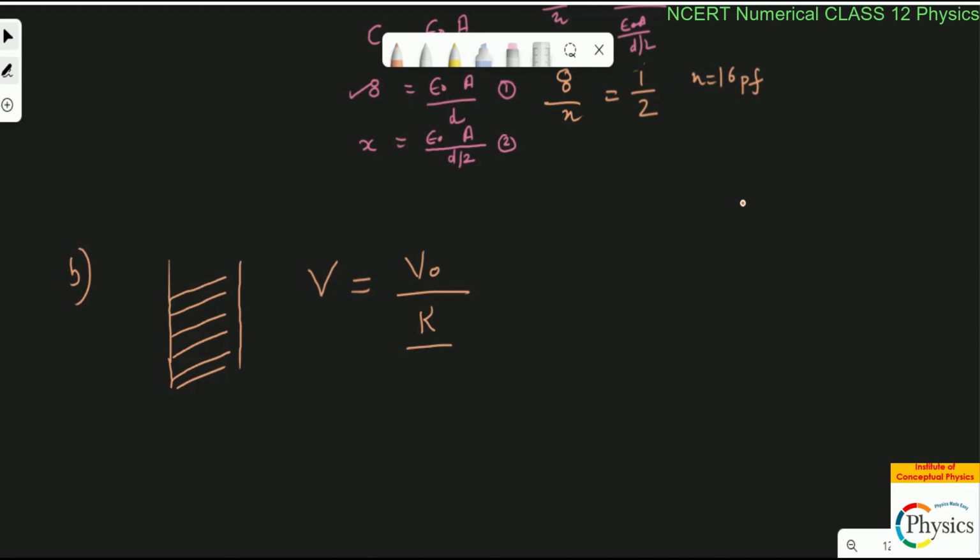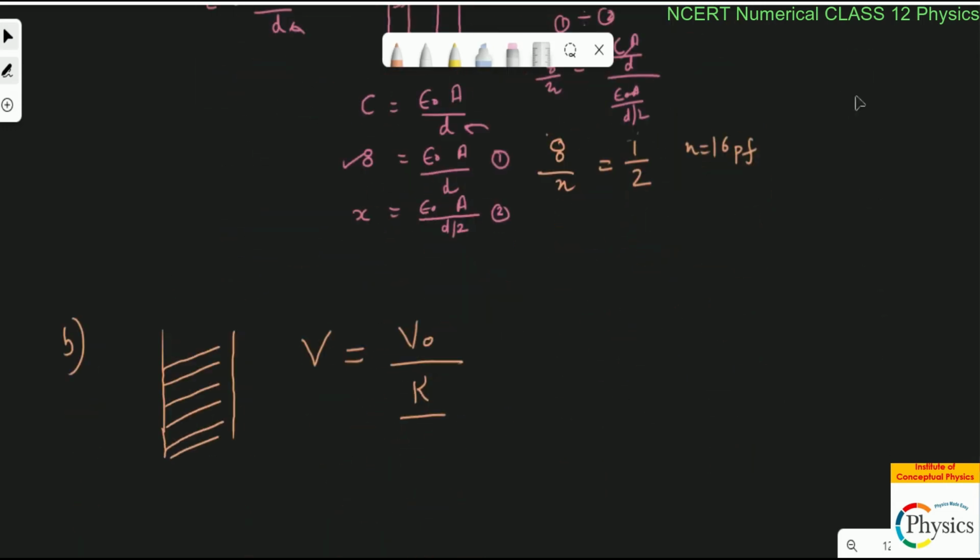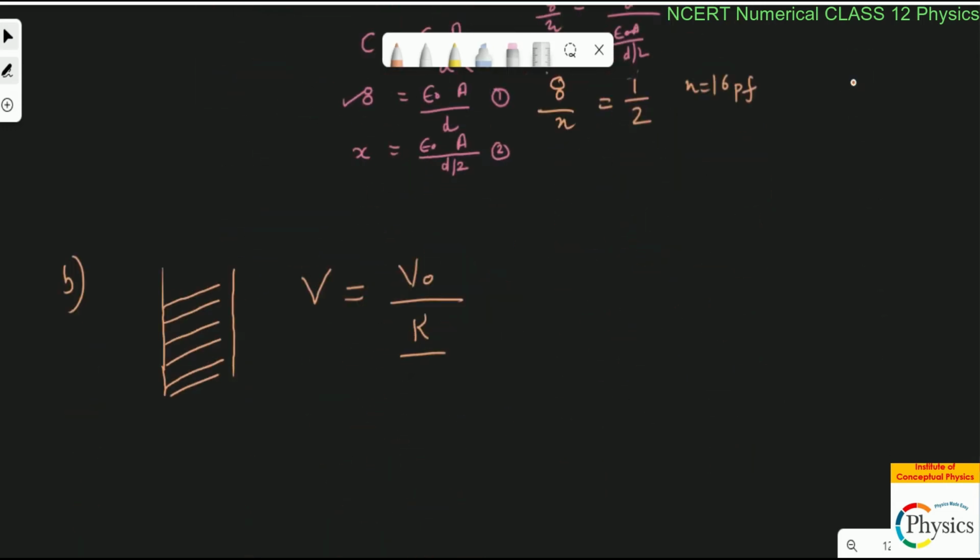So if you've introduced a dielectric whose dielectric constant is 6, your new potential difference will be V naught by 6. So the introduction of a dielectric will reduce the potential. So at a lower potential, you will be able to save the same quantity of charge you were able to save at V naught.